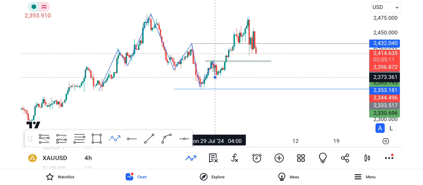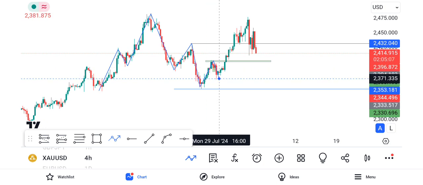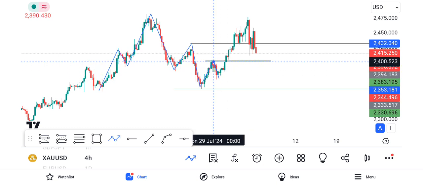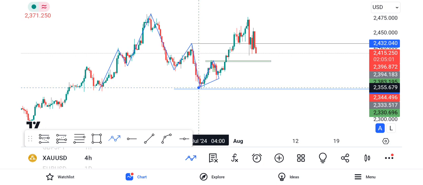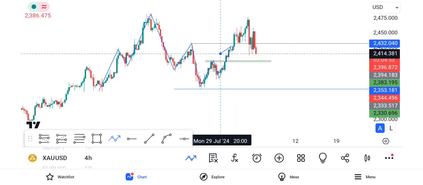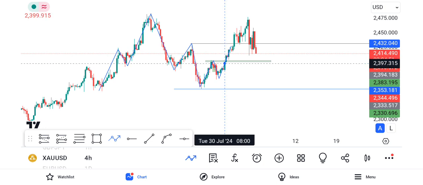It was not able to break below it, and that's the first sign of reversal. This lower high couldn't break this lower low. Instead, it broke above the lower high, which is one sign that price wants to shift to the upside.